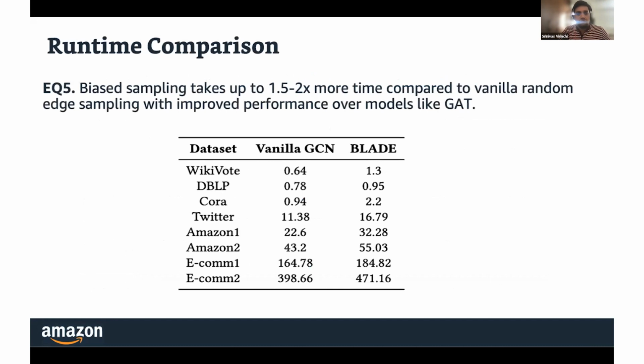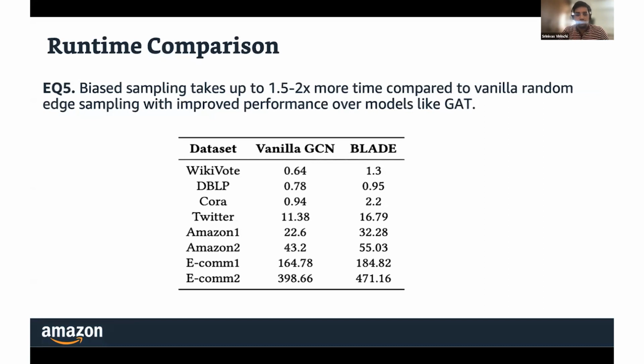And the other question is how does this sampling contribute to time during training? And we were observing that per epoch, vanilla GCN you can think of as a uniform sampling, and we are about 1.5 to 2 times more in terms of training per epoch compared to a vanilla approach.